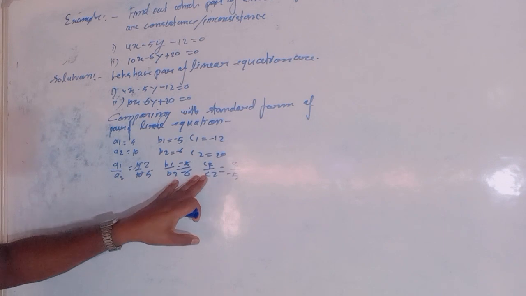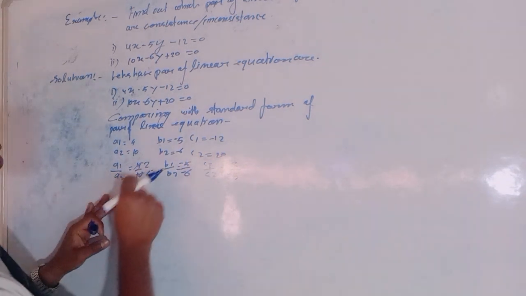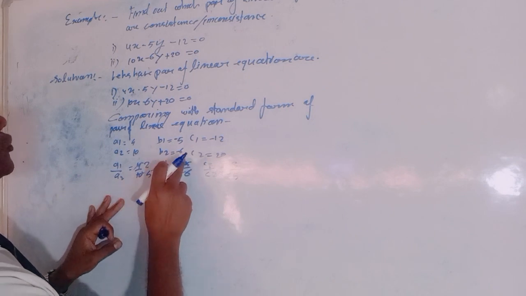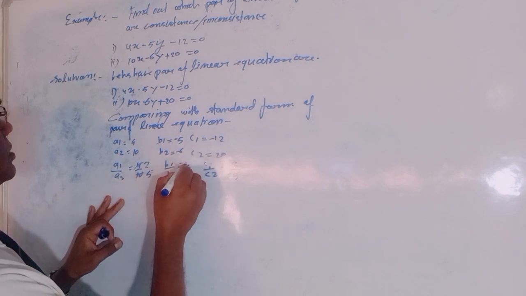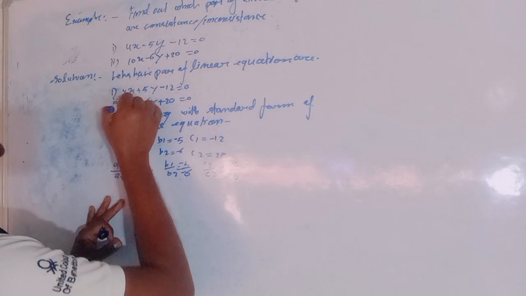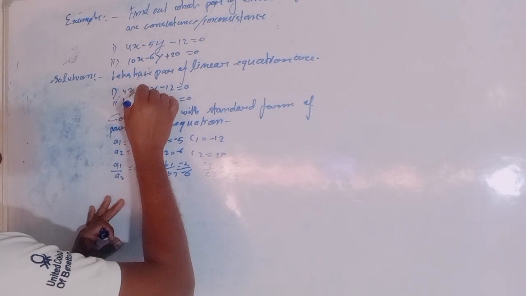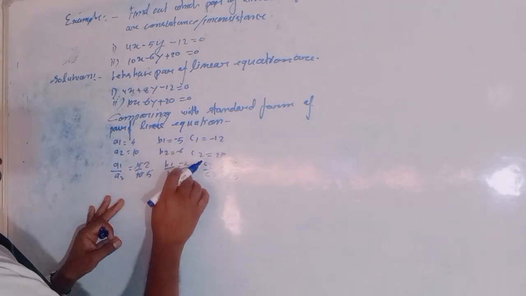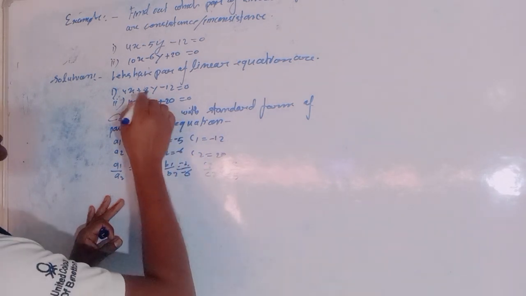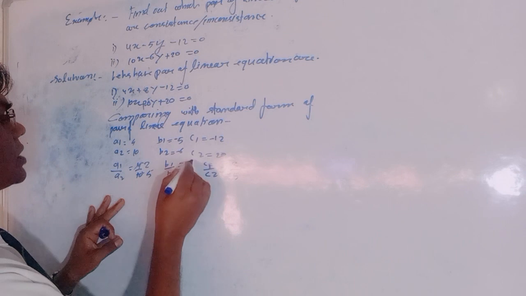Consistency means that for the first and second equations we find the ratios 2 by 5, and 6 by 12. Suppose we change to 8 by 20. Plus 20, then it becomes 20. Got it? So 8 by 20.